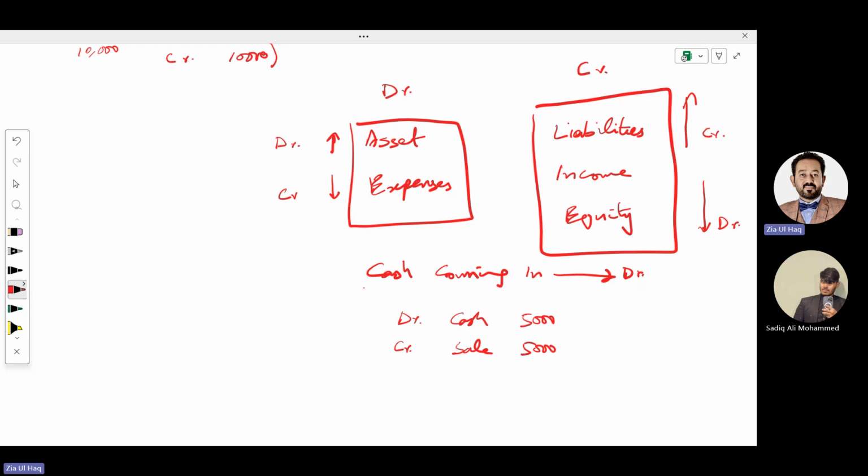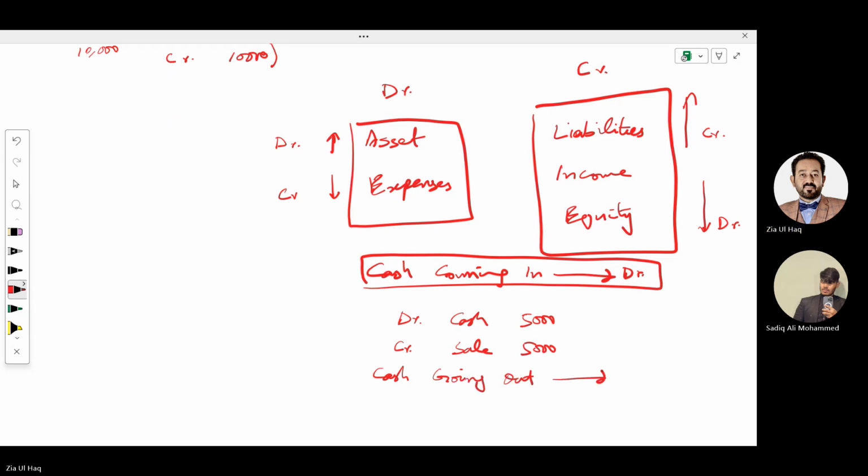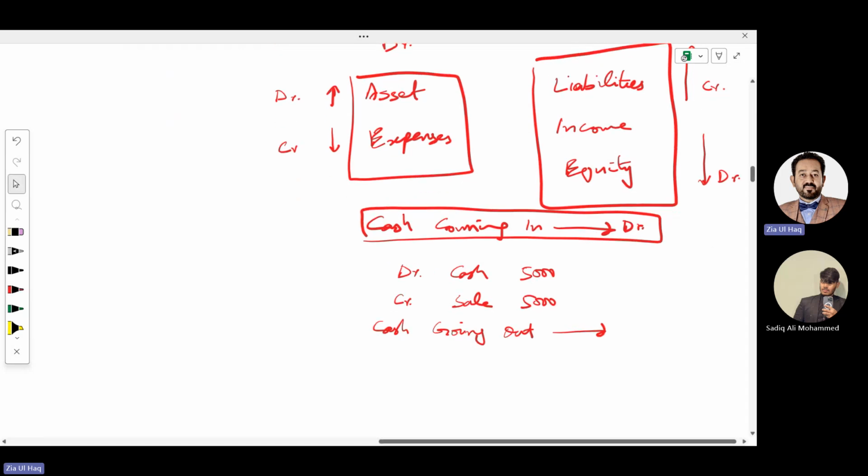If cash is going out from the business, should we debit cash or credit cash?